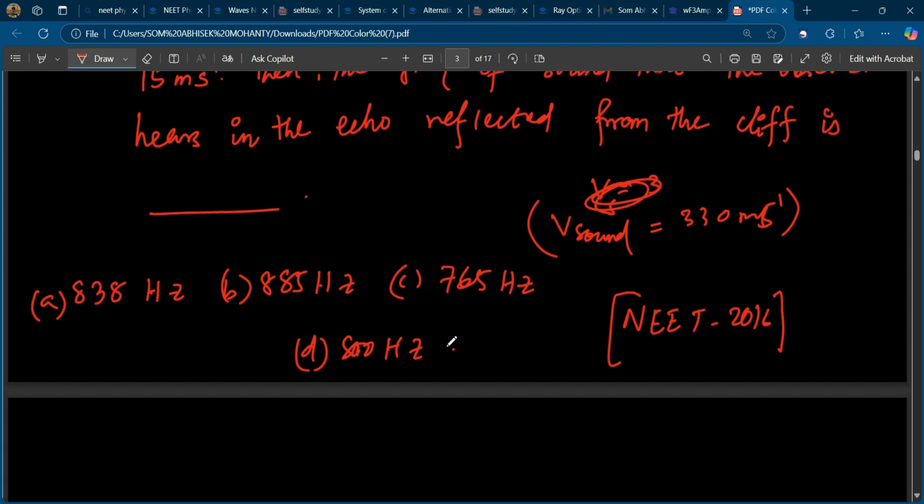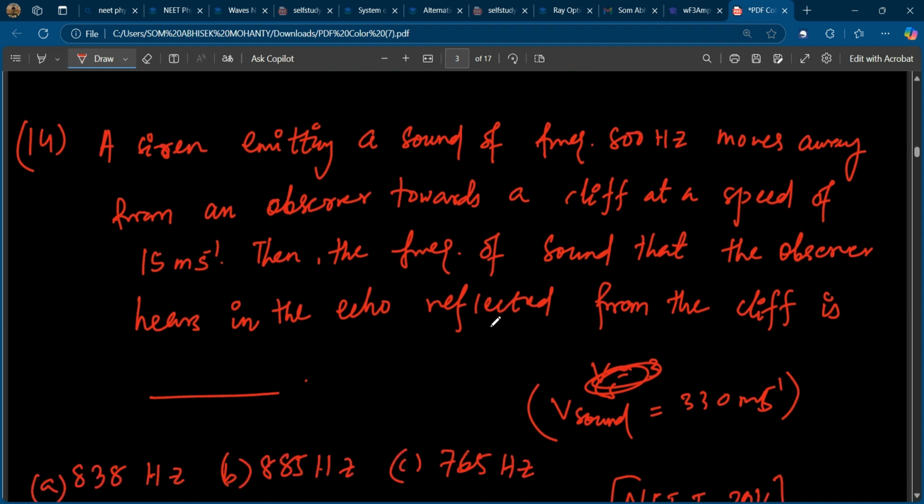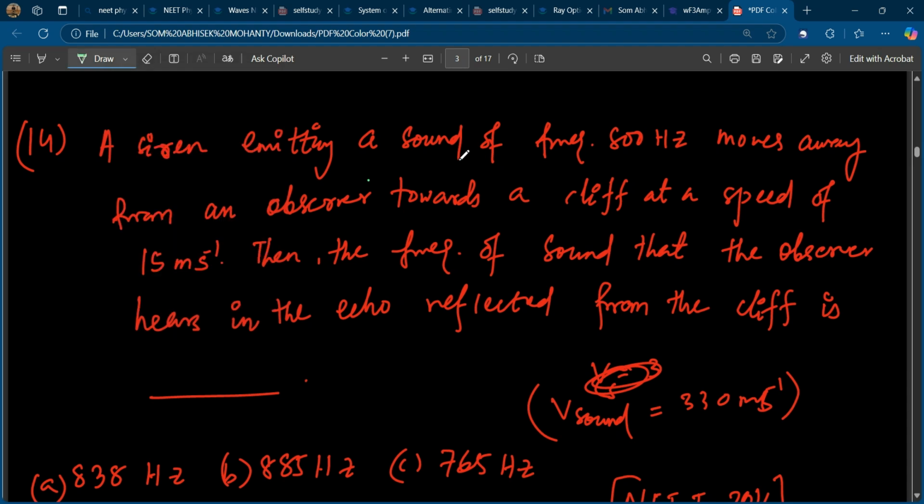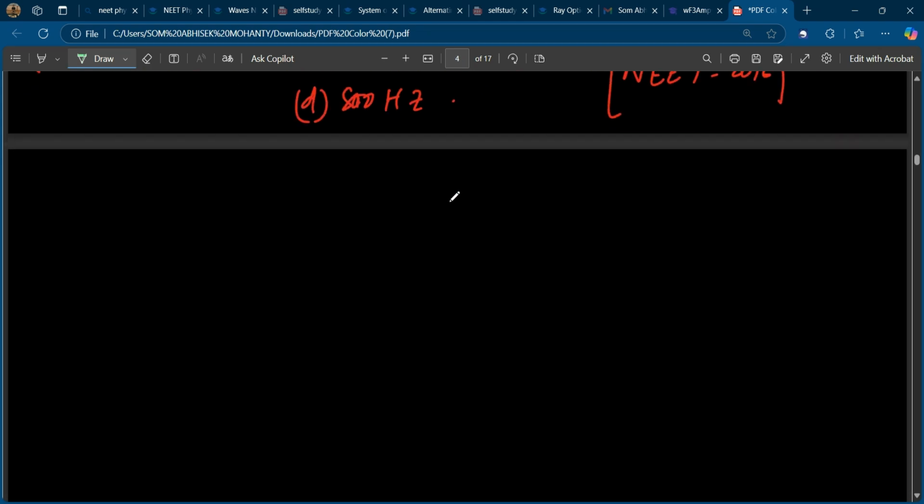Try to solve it. Again, a Doppler effect question. Okay, so let's solve it.